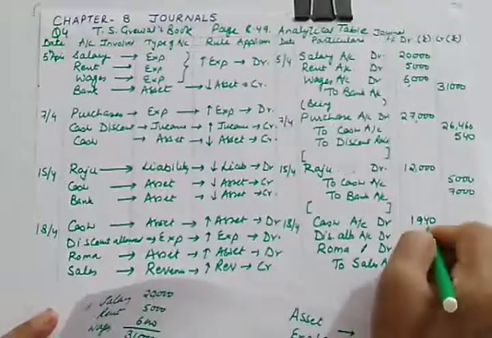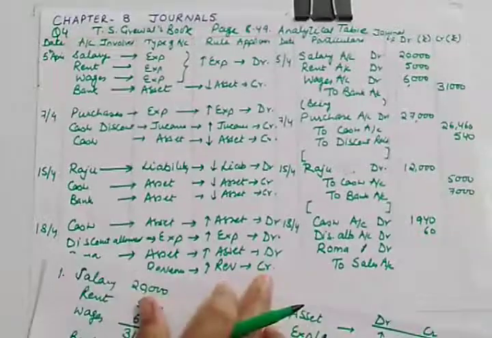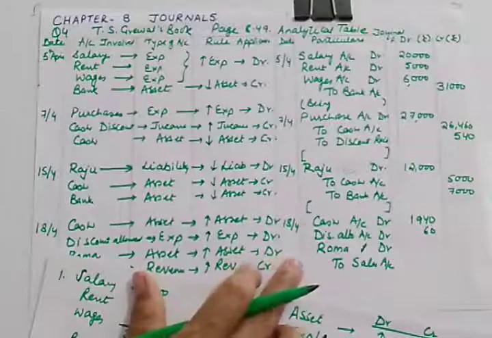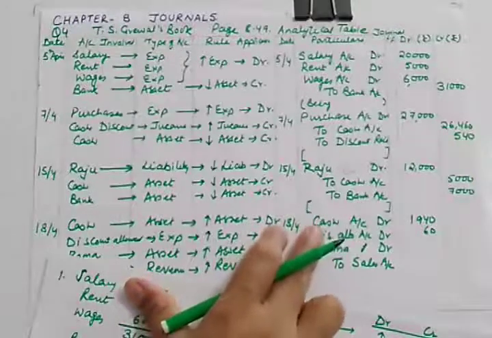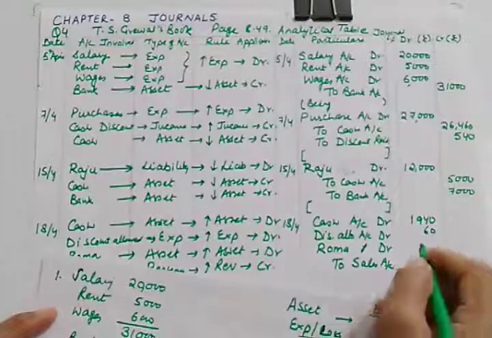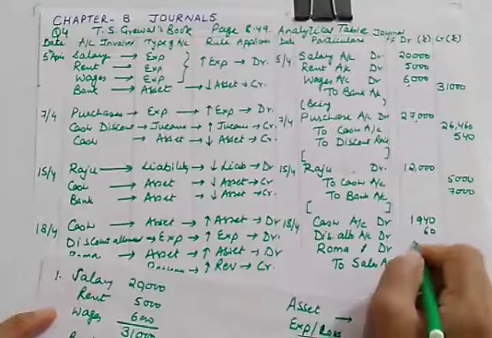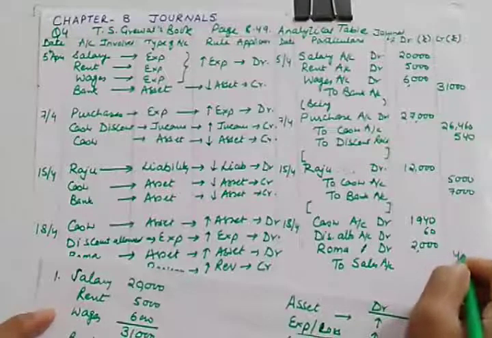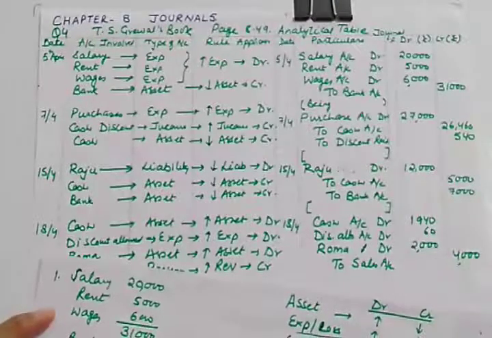So discount is 60. I told you that discount and cash, they will always come, they will always either be debited or credited. And the next is Roma. It will remain debit with 2000 and the sale is 4000.